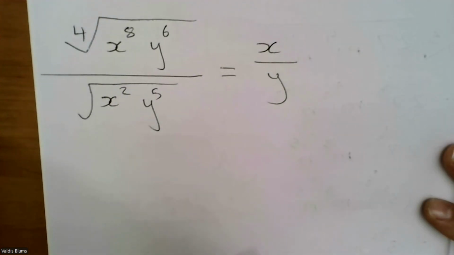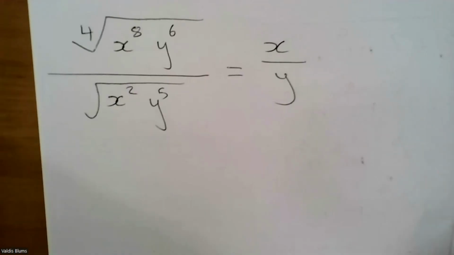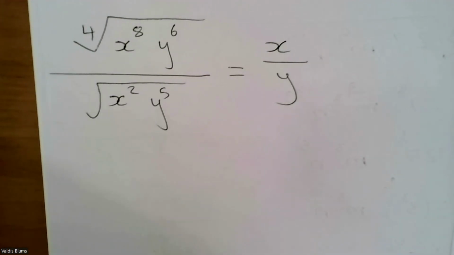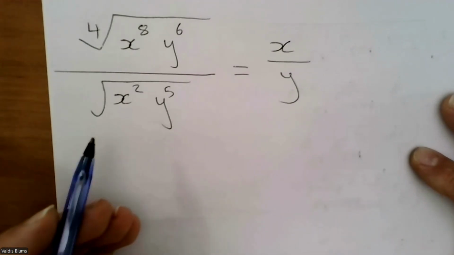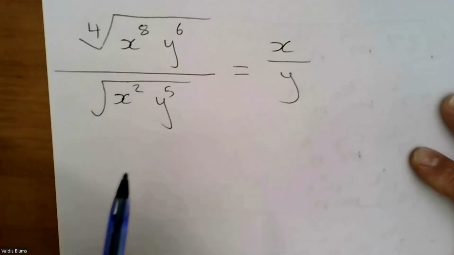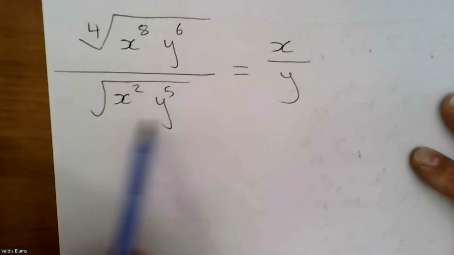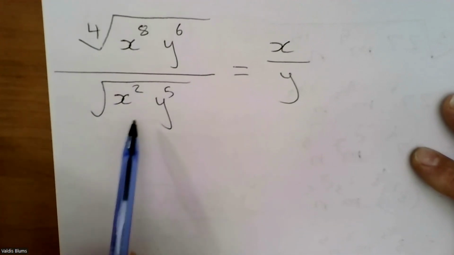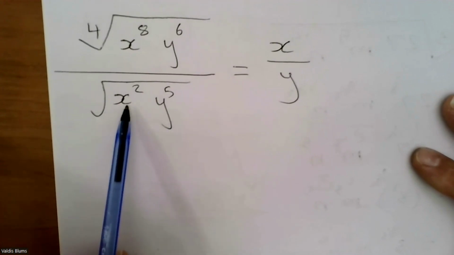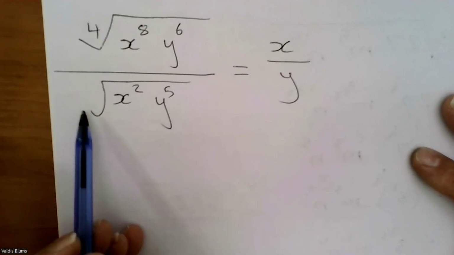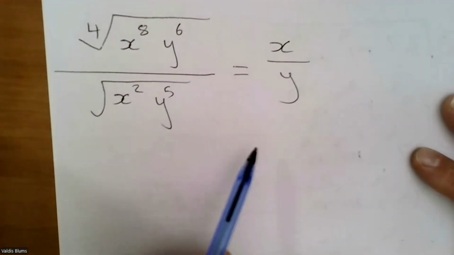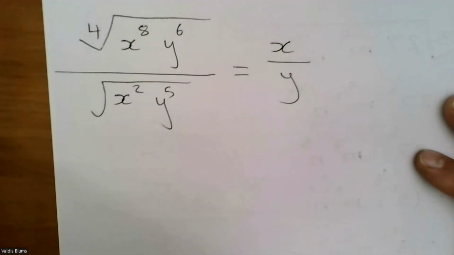Okay, hopefully you were able to get to the end answer to prove that this was indeed true. Let's go through and see how you would do that. So there are probably a couple ways that you could go about doing the first step. You could say rationalize the denominator by timesing this on both the top and the bottom, but that's going to get, I think, a bit messy.